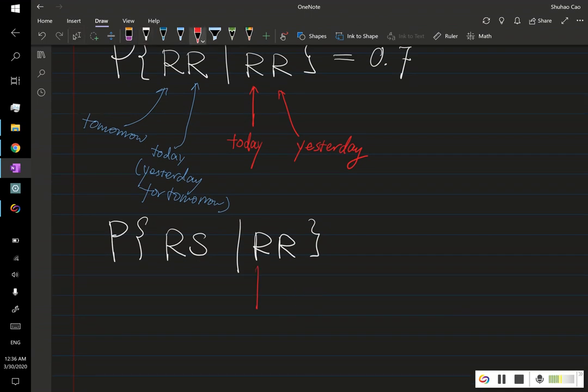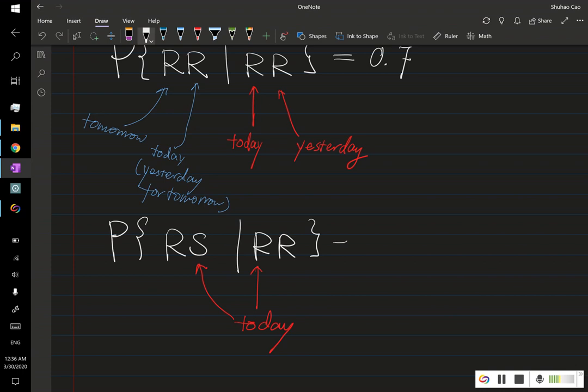If it rains today, then for tomorrow it should also rain, which means this is impossible.